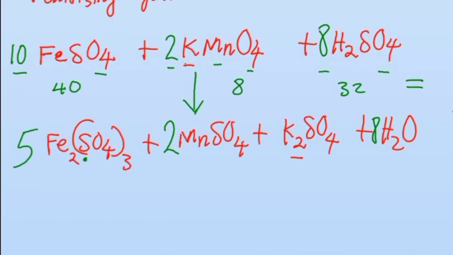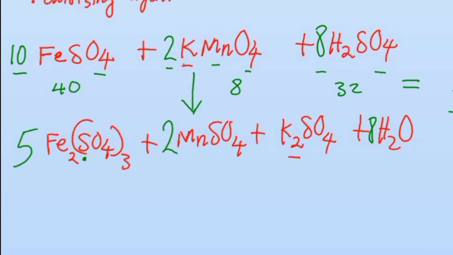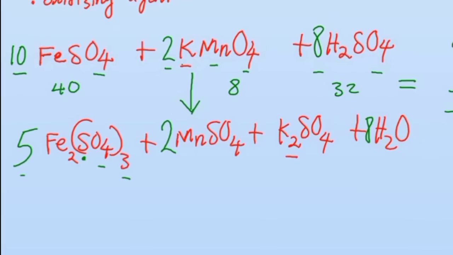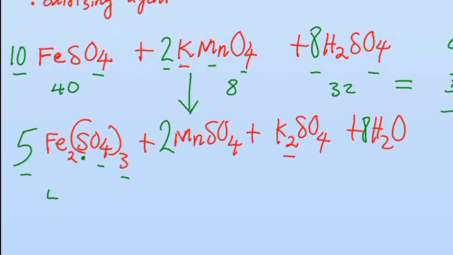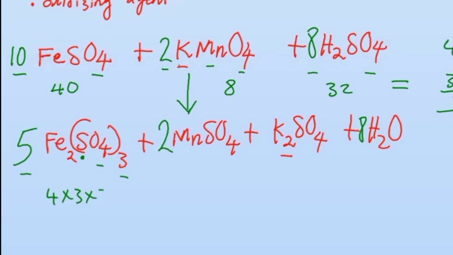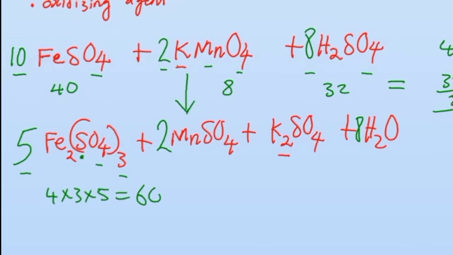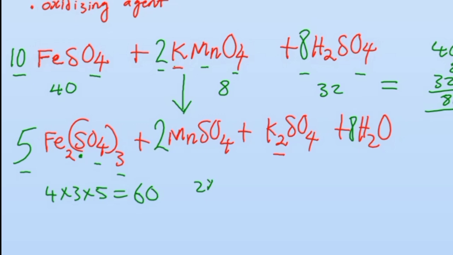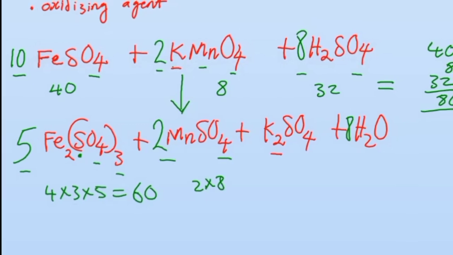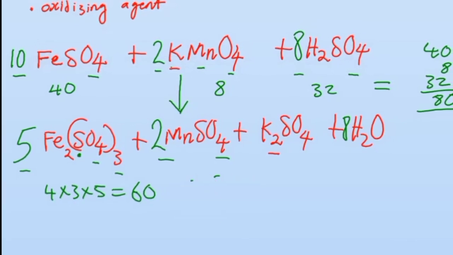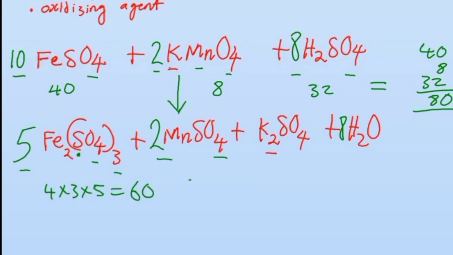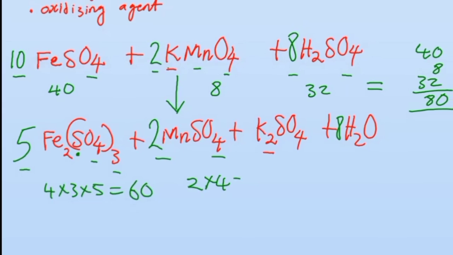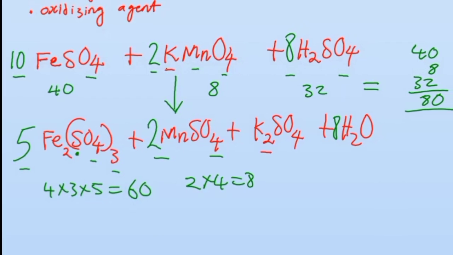Now let's see if it's 80 in the second part of the equation. Here we have oxygen 4 times 3 times 5, which should give us 60. Then in these other parts, we have 2 times 4 oxygen, which gives a total of 8.